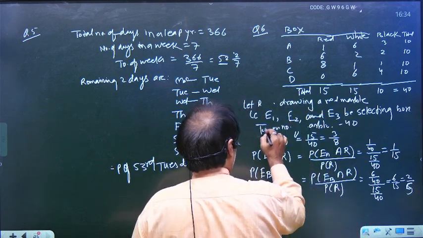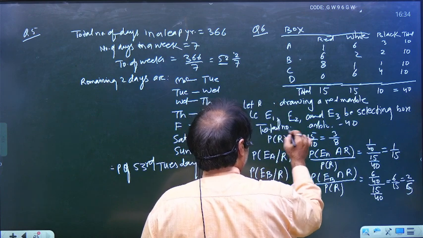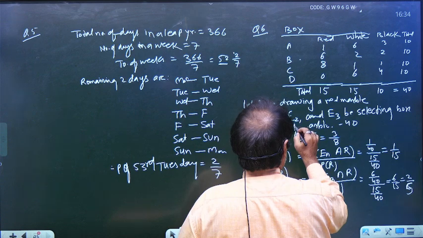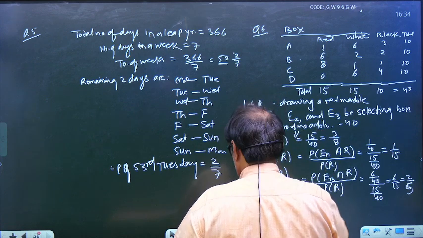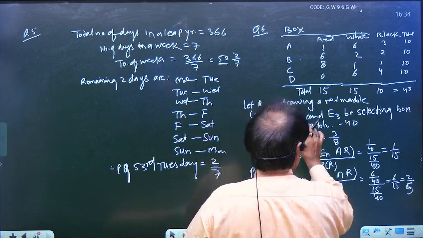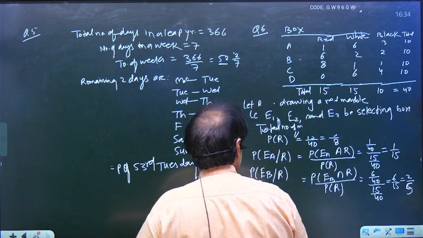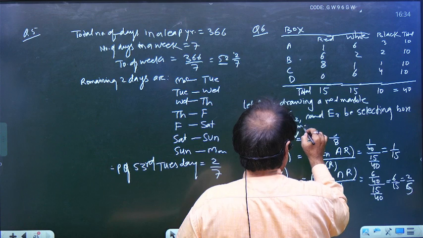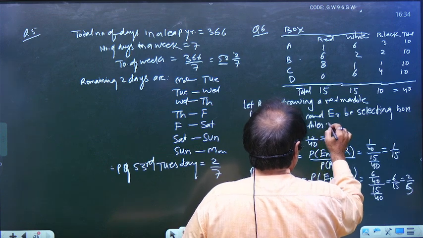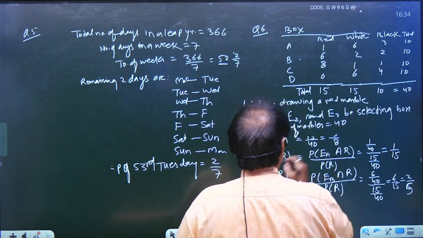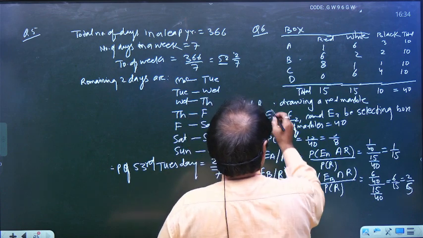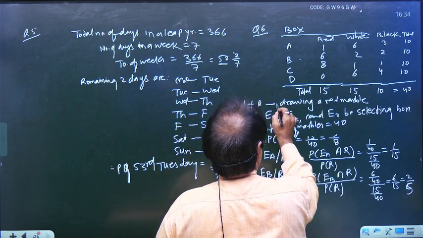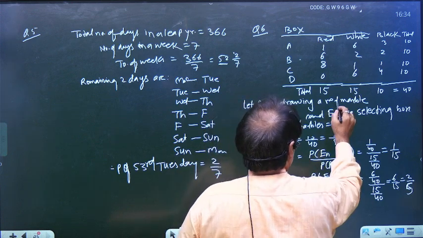The total number of marbles is equal to 40, and R is drawing a red marble.